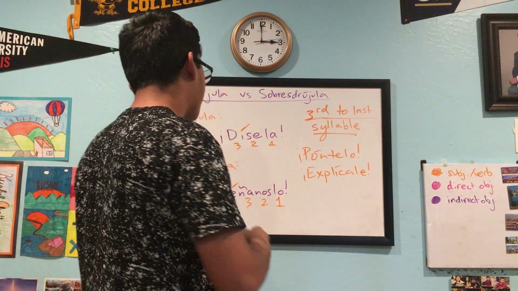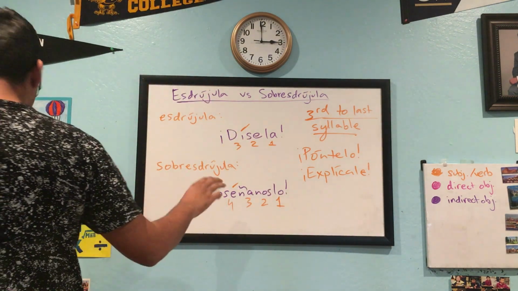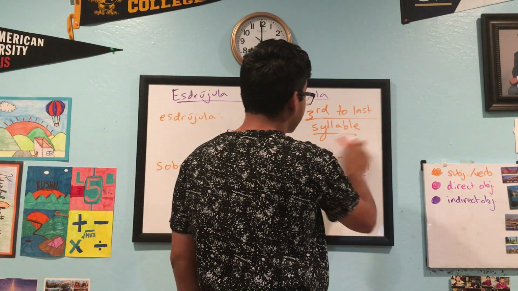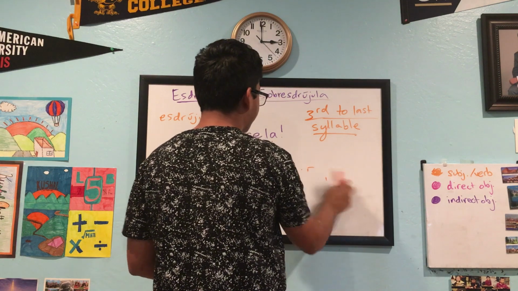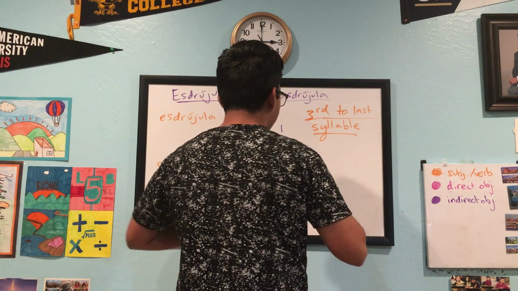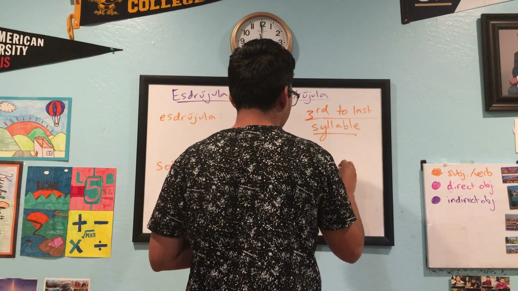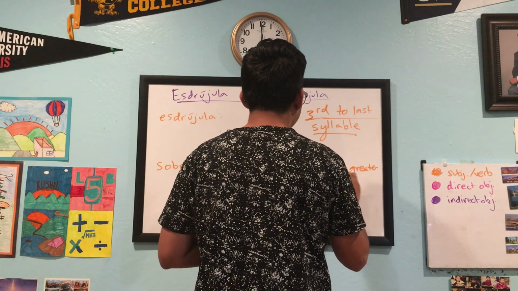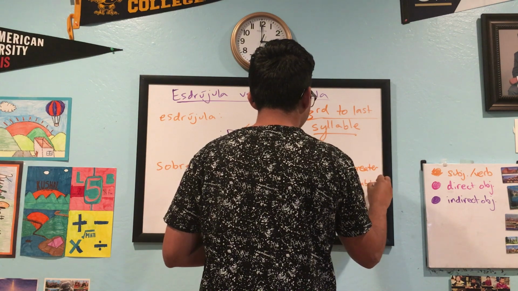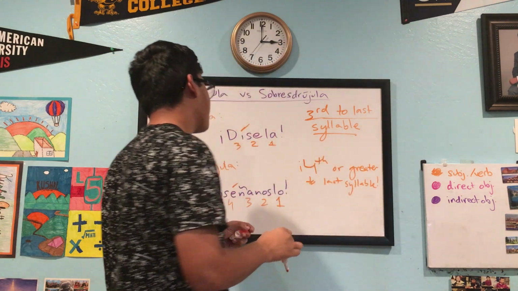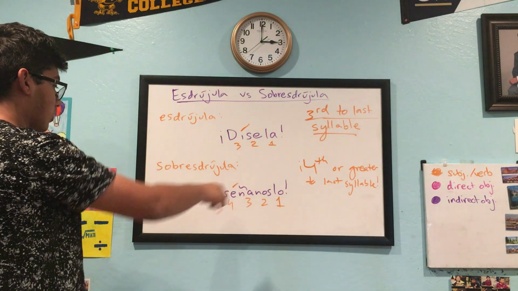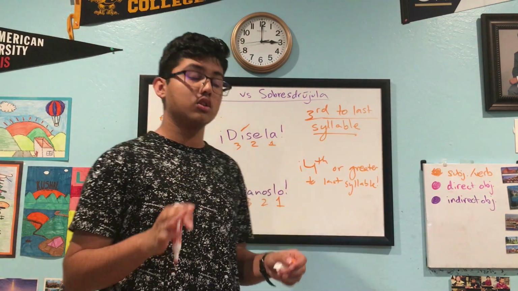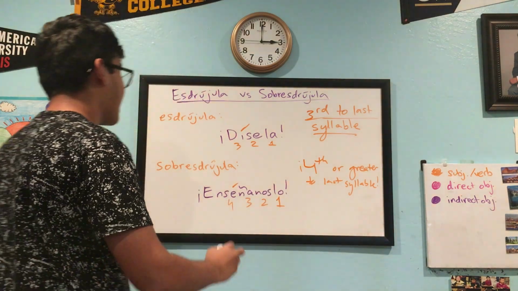But then what is sobresdrújula? Sobresdrújula means it's past the third syllable. So it's on the fourth or the fifth or even the sixth syllable, so fourth or greater to last syllable. For example, you have enséñanoslo. 1, 2, 3, 4. The accent comes on the E.